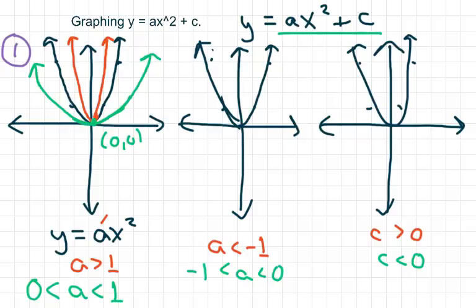All right, now when we talk about A is less than -1, that means it's negative, and all it does is reflect it across the x-axis. Again, this is xy, so it just reflects it here.